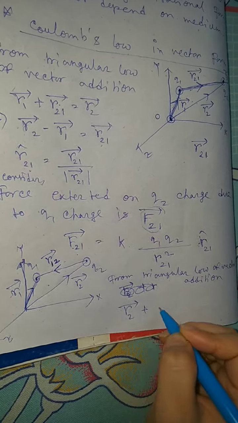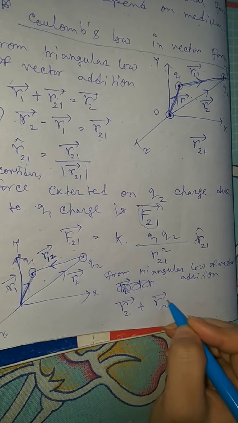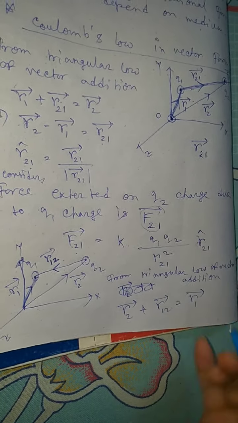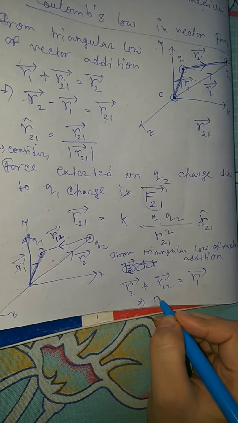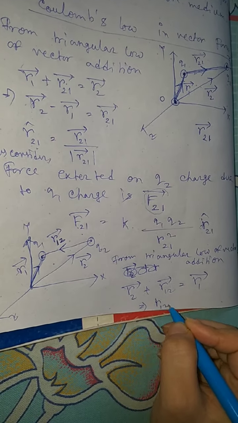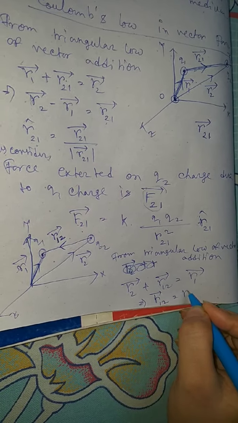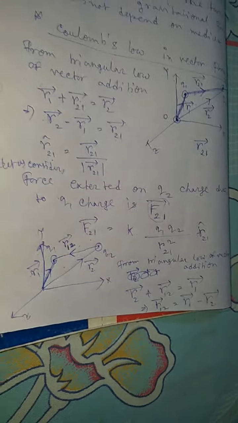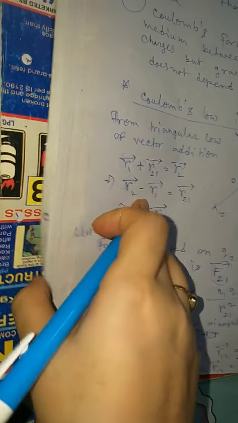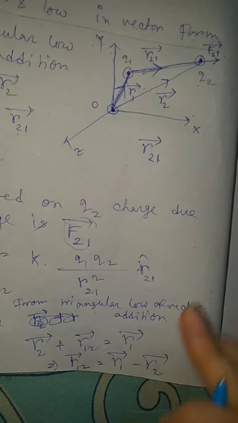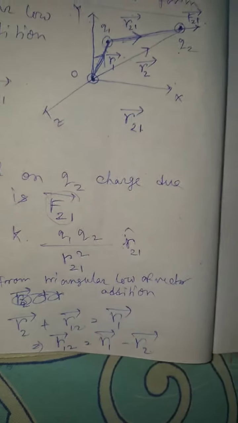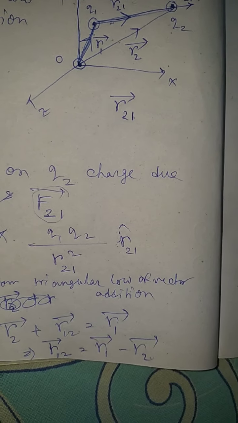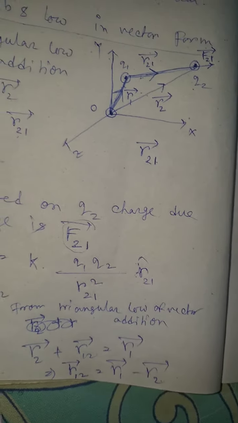R2 vector plus R12 vector equals R1 vector. So R12 vector equals R1 vector minus R2 vector, right? And so we get R12 vector equals R1 vector minus R2 vector.